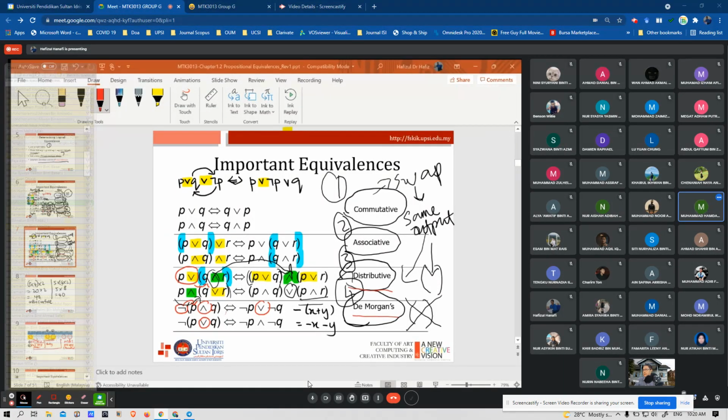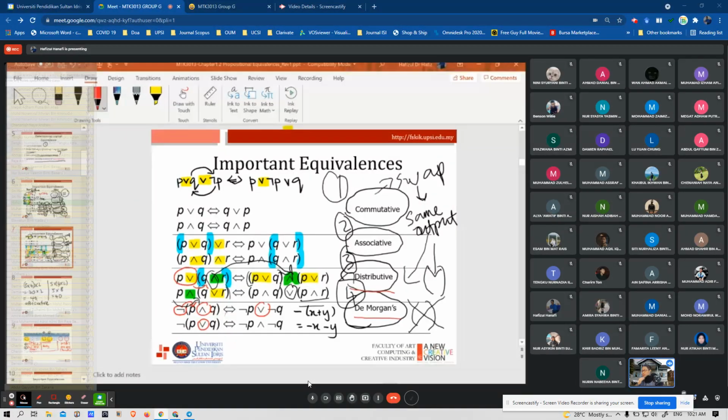Simbol apa? Bracket tutup. Ya, ya, dia punya compound statement tu akan berubah lah, sebab dia punya output, when you go by the truth table, output dia kena sama lah. The output must be same.